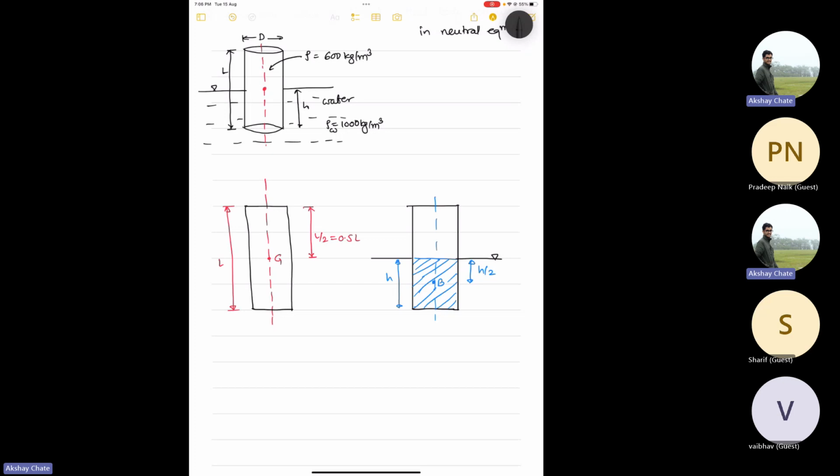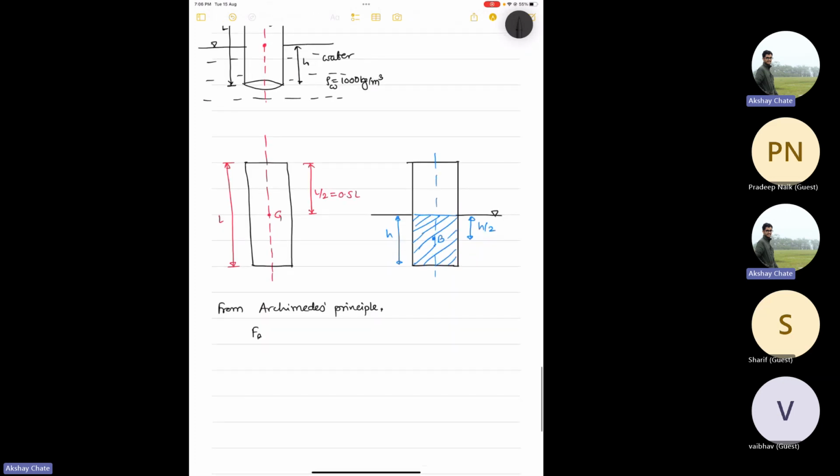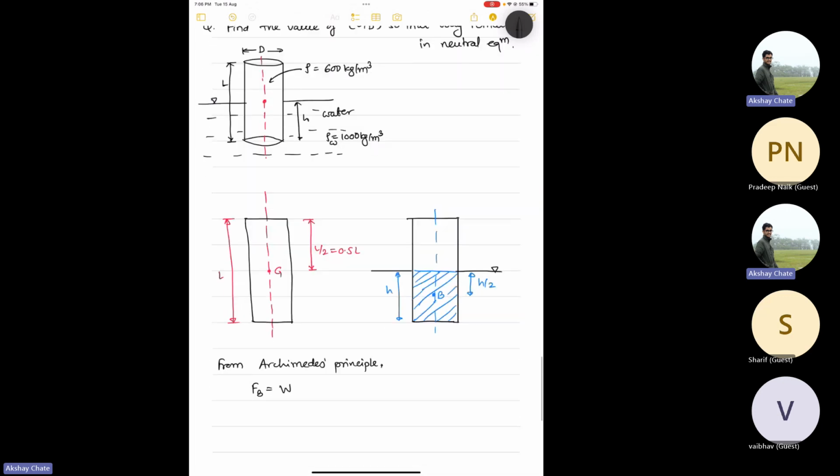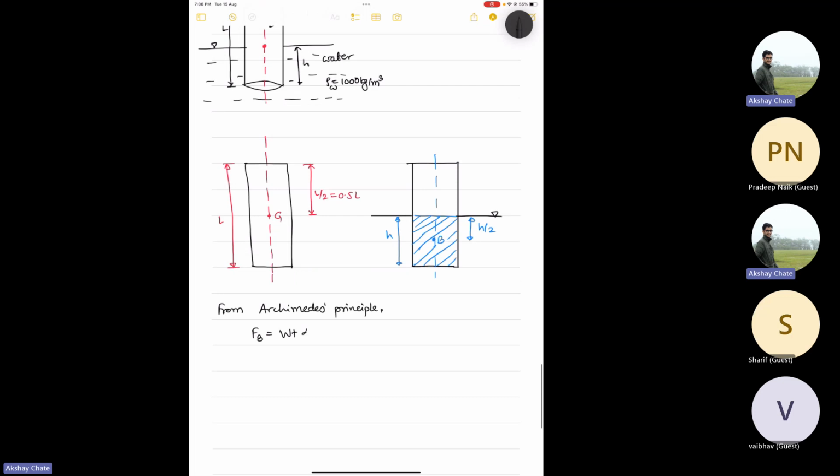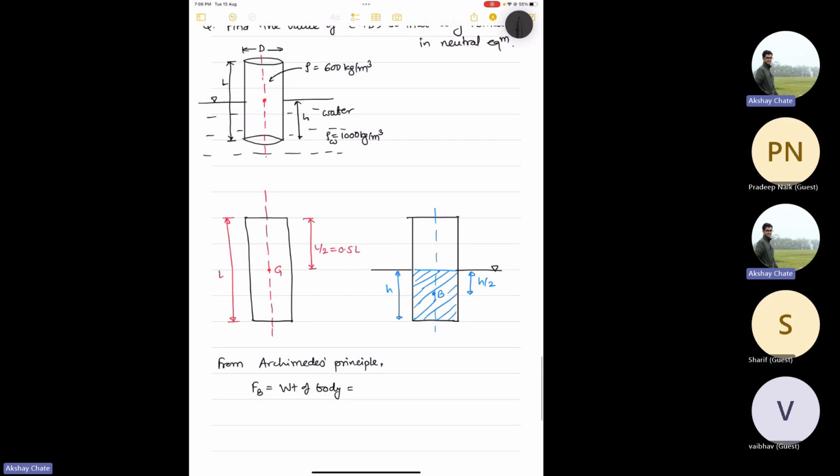So here, from Archimedes principle, buoyancy force will balance the weight of the body. So what is the weight of the body? This is density of the body rho into volume of the body into g.